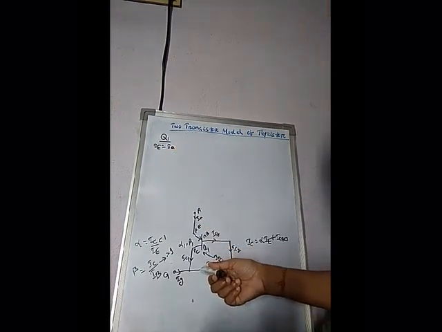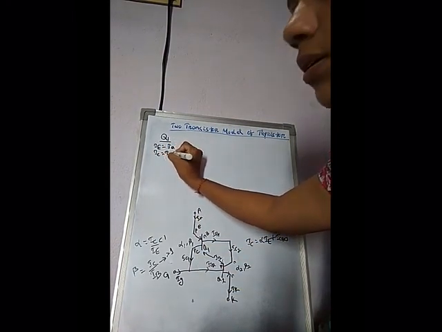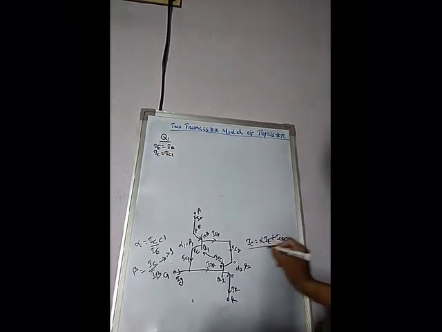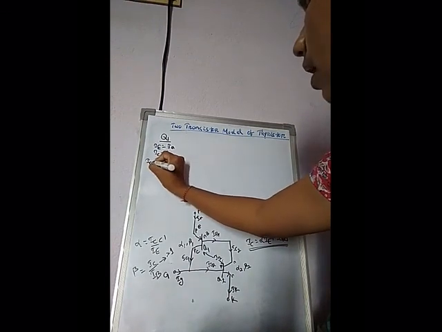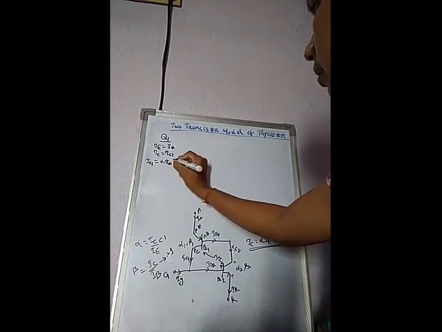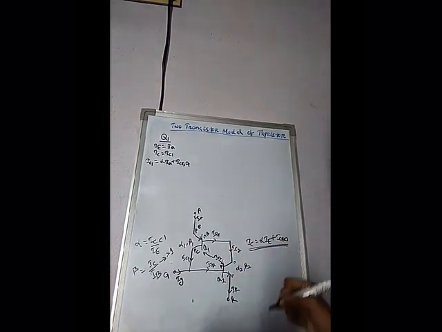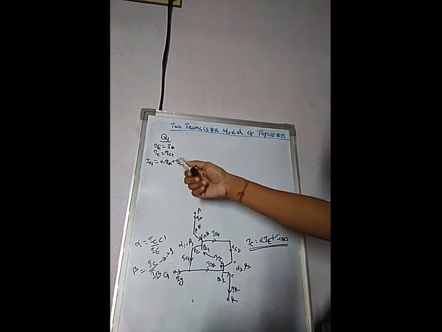And for the transistor Q1, collector current IC is equal to IC1. Therefore, this equation we will represent here. So IC1 equal to alpha 1 IA plus ICBO1. Clear?